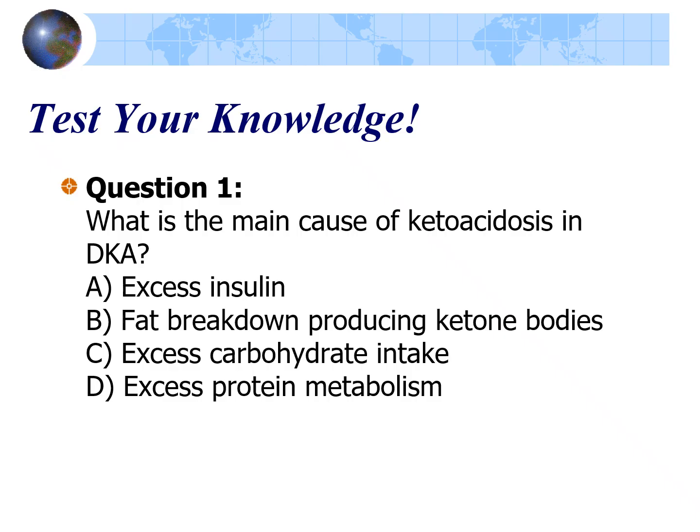You can pause the video and then answer. Alright, so the answer is B, which is fat breakdown producing ketone bodies. Without insulin, the body breaks down fat for energy, producing acidic ketone bodies, causing ketoacidosis. I hope you got it right.